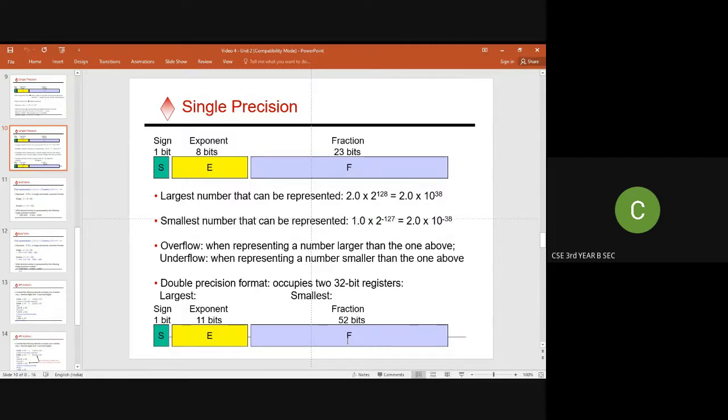This 64-bit representation is used for most accurate scientific calculations. The largest number that can be represented in the 32-bit single precision method is 2.0 times 2 to the power of 128, which is equal to 2.0 times 10 to the power of 38. So like this.